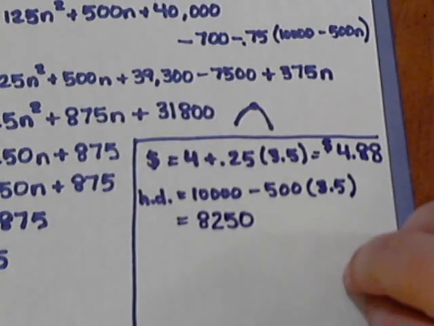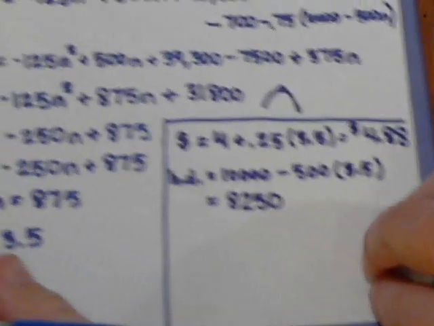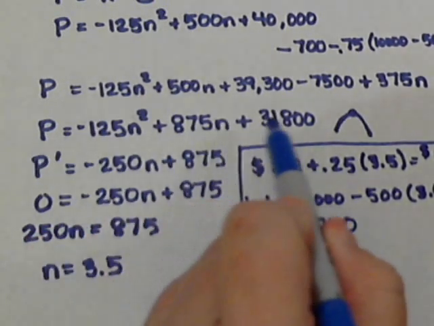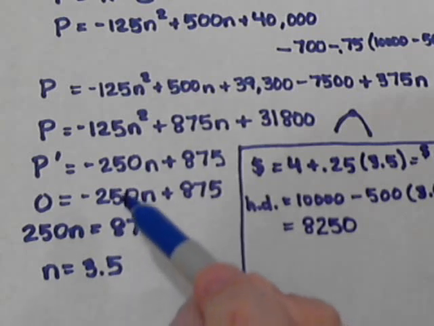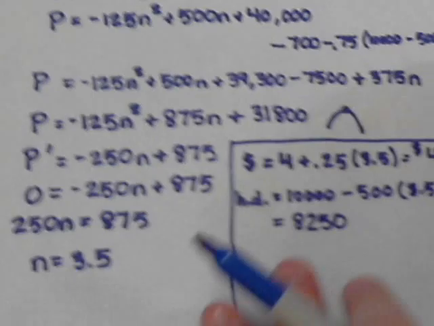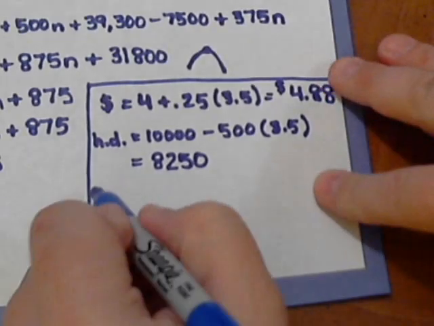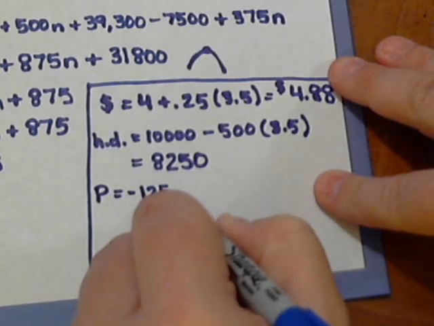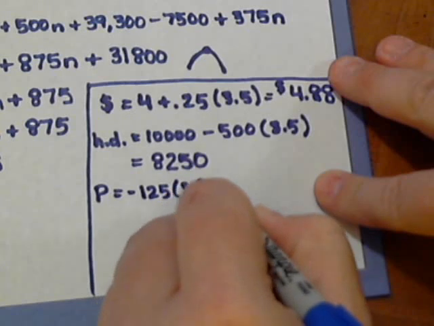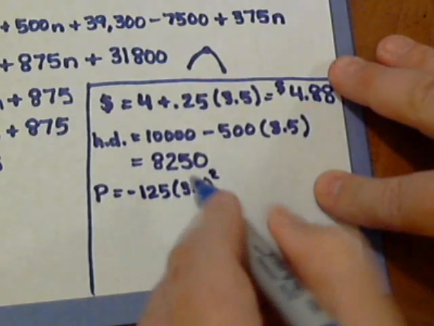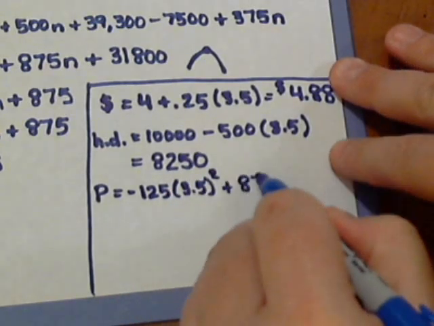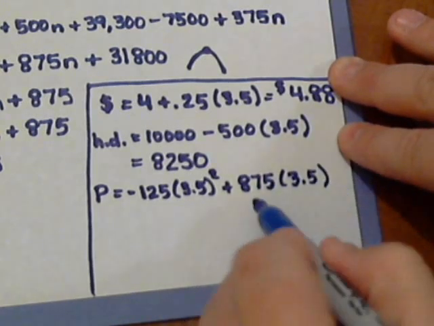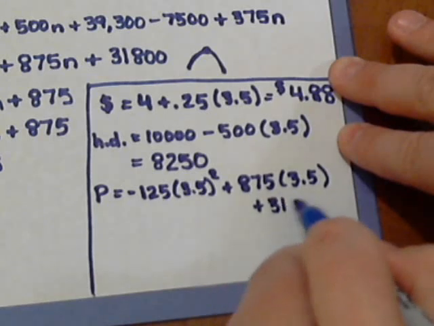And so what will our maximum profit be? Well, we come back up here to our profit equation to calculate that. We're going to take this formula and put our 3.5 in for the n's. So we have a profit equation of negative 125 times 3.5 squared plus 875 times 3.5 plus 31,800.